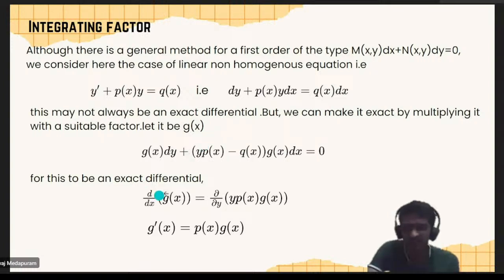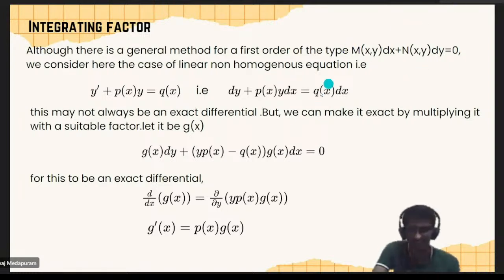Now we need to make this an exact differential. We know that the x derivative of the N function should be equal to the y derivative of the M function to make it exact.